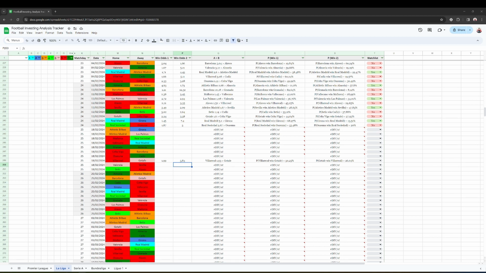If you look at home, Villarreal is 15th. Getafe is also 15th. Yeah, the reason being that Getafe won only one game away out of 12, and maybe this is why the market is not really favoring them.